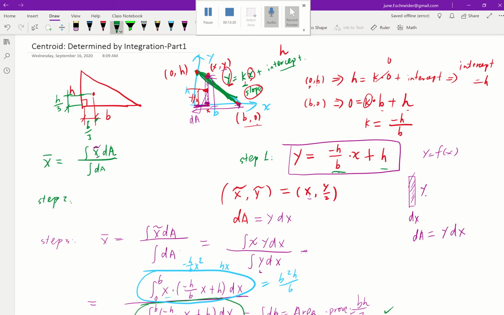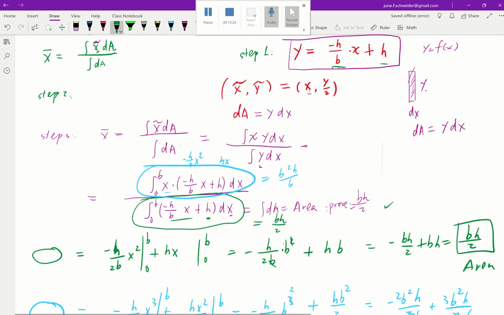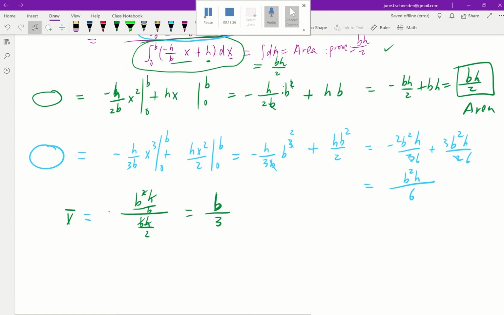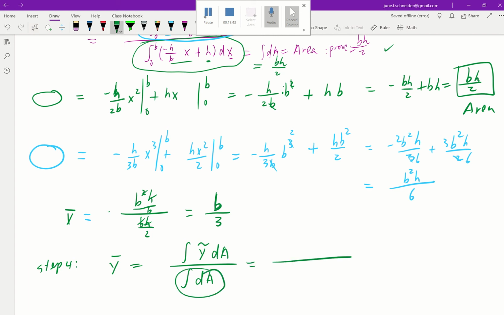The next thing you want to solve is 1/3 of h. And what would be the formula for that? y bar is going to be equal to the integration of y tilde dA over the integration of dA. Here you don't need to solve the bottom again, which you already did in step 3. You already proved the rectangle area is half bh.